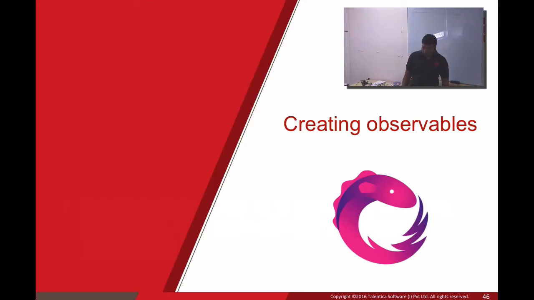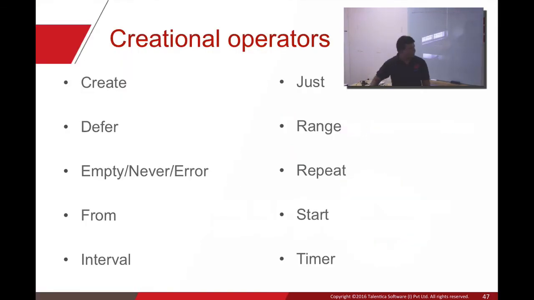Now, how to create observables? There are some methods here to create observables. If you want full control, use create. This is also excellent for testing purposes. Let's say you have an observable that is getting data from the network and updating the UI.